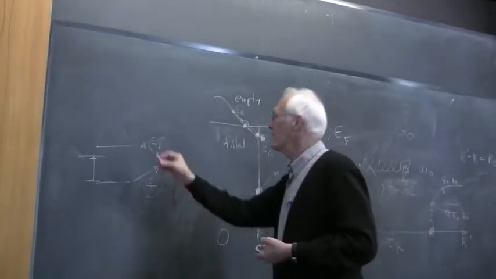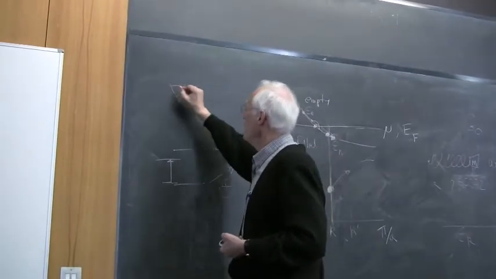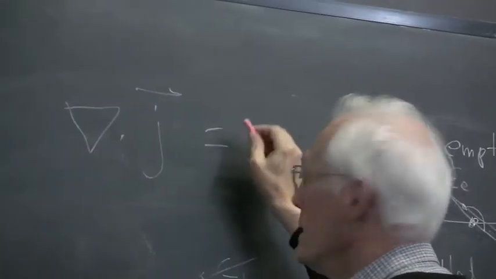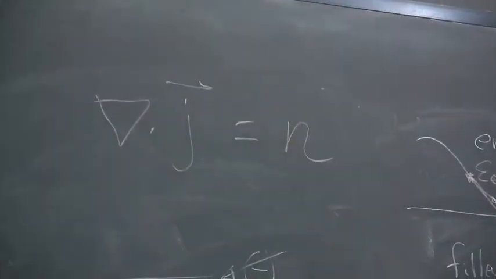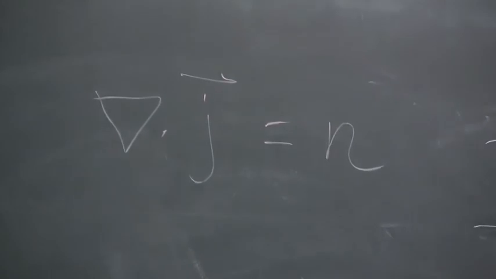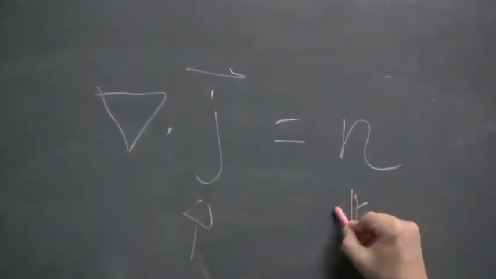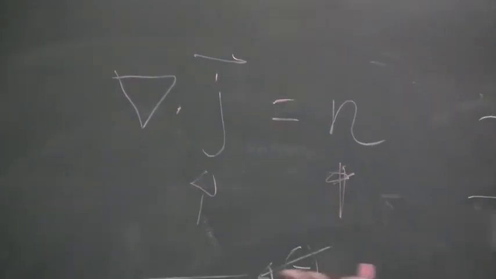And Baym has some really pretty things. I'll give you the reference, but this is pretty stuff. If you have the divergence of a current equal to the density, minus the time derivative of n or something, if you calculate the density one way and the current another, you may not conserve number of particles.